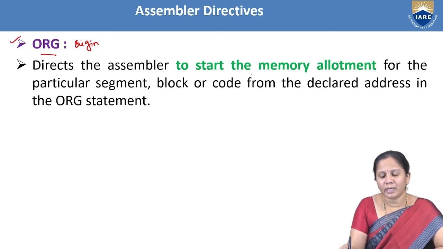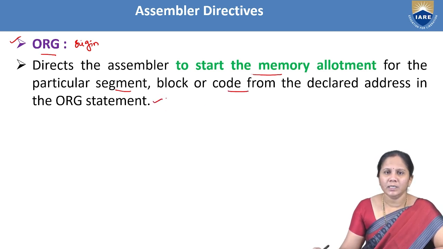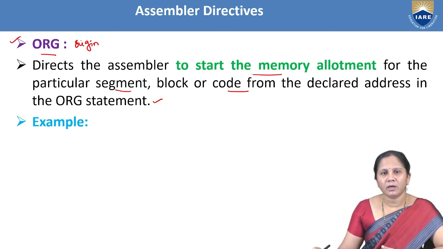So this ORG represents origin. It is going to direct the assembler to start the memory allotment for a particular segment, block or code from the declared address in the ORG statement. If you are not using that ORG statement, by default it is going to allocate the memory from the address 0000H.